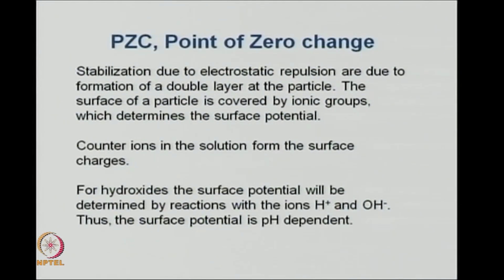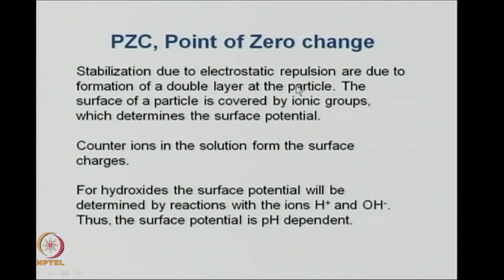Now, there is a concept when you study sol-gel science, called the point of zero charge, PZC as it is called. It is at this point of zero charge that stabilization changes. You have electrostatic repulsion because you have charges, and so the particles are not agglomerating, and then you have this double layer at the particle.